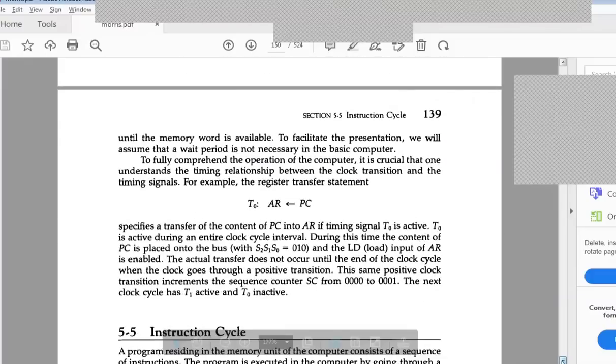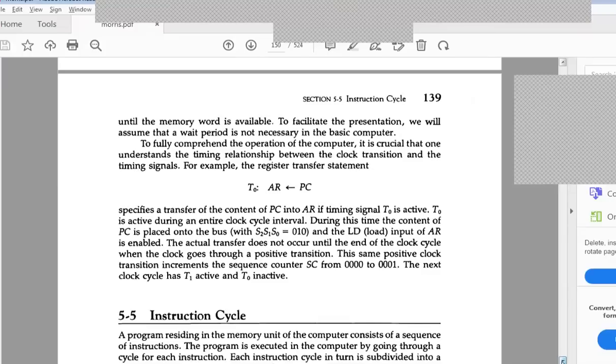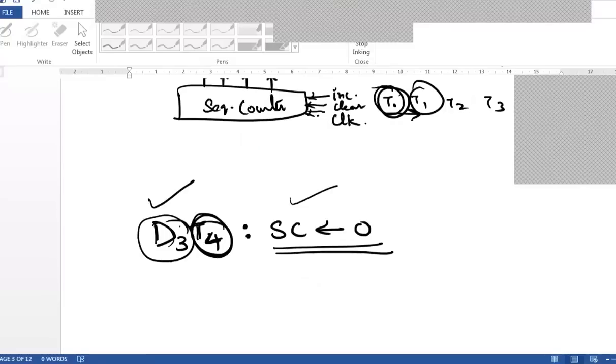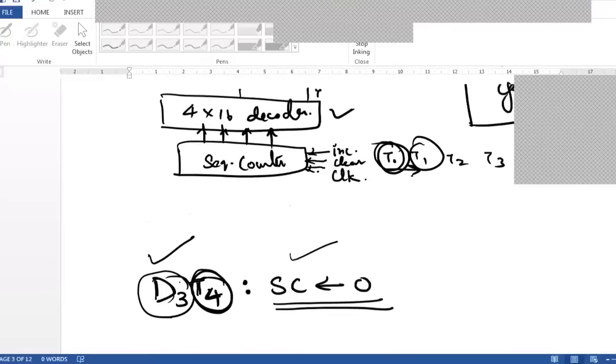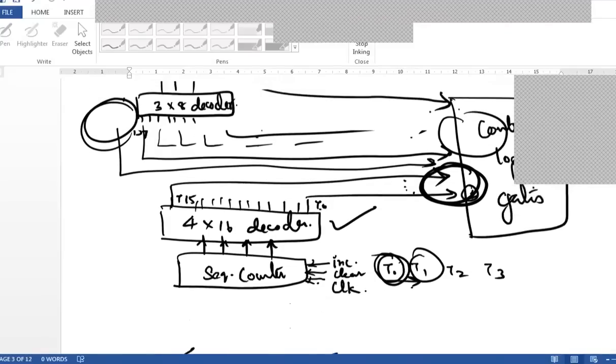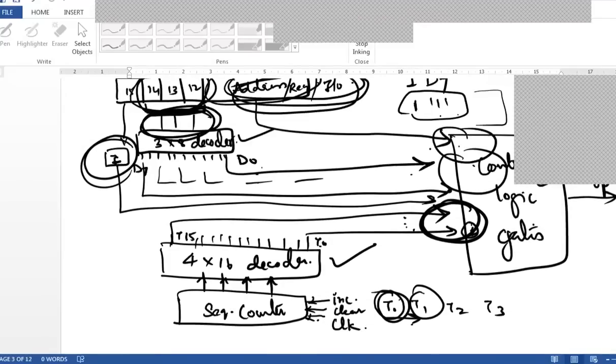So this is how your processing would take place. Understood? Here, one by one, we will see how these instructions are executed. But this is just an example to show how the timing signals work when we start off with the instruction cycle. Did you all understand this diagram well? If you are asked to design the control unit of a basic computer, will you be able to draw it on your own now?